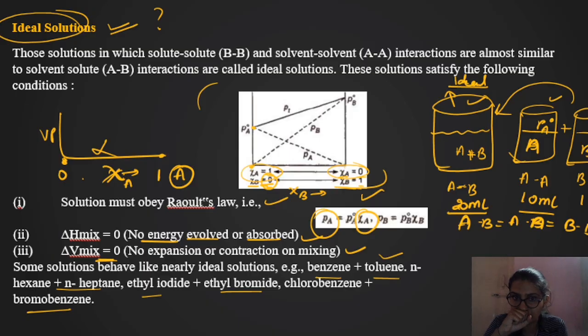But what happens when I add B to this? The pressure due to A is going to decrease. So you can see a decreasing graph here. And if I talk about this graph, from this end to this end, the mole fraction of B is decreasing.